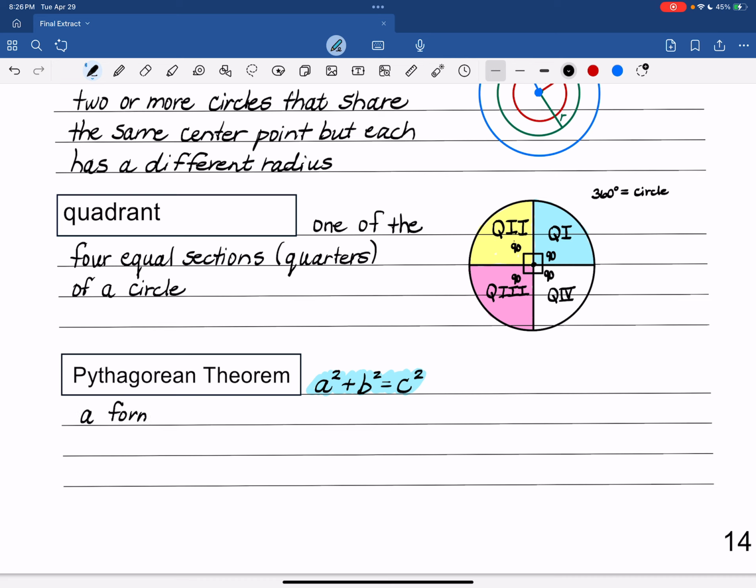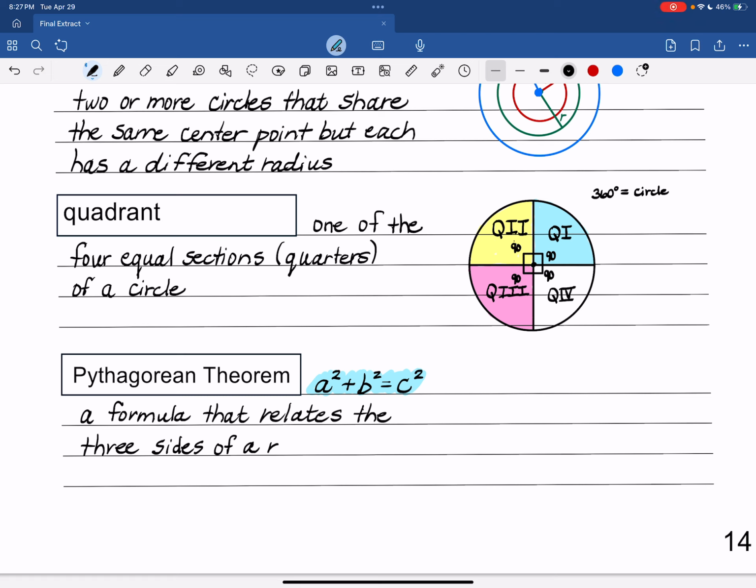A formula that relates the three sides of a right triangle.